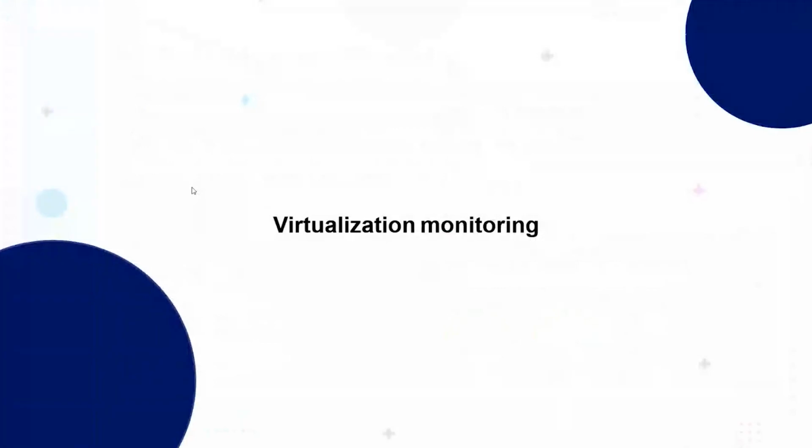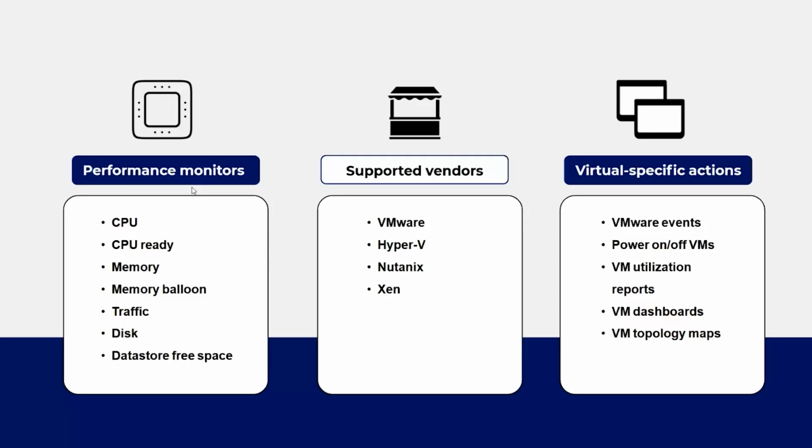So moving on to virtualization monitoring. We have seen network monitoring here. When it comes to virtualization monitoring, we support various virtualization vendors: VMware, Hyper-V, Nutanix, and Xen. In terms of performance monitors, you can monitor your CPU, your memory, the datastore free space, and your disk.